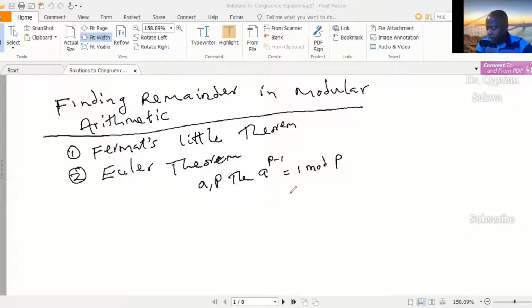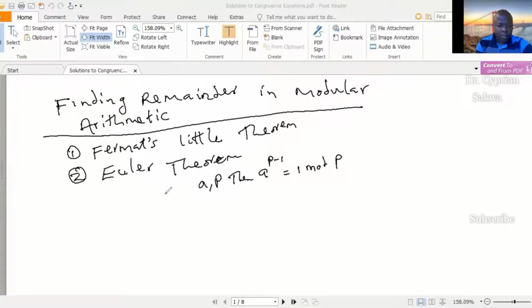This is the statement of Fermat's little theorem. And the condition here is that p must be a prime integer which does not divide a. So whenever we are doing this, we must take that into account.